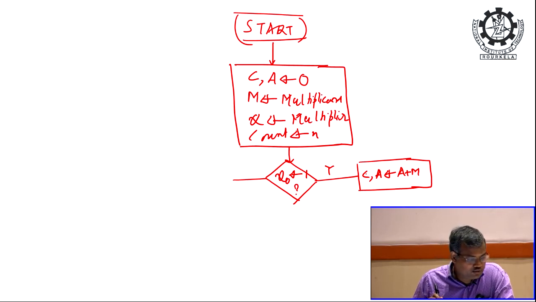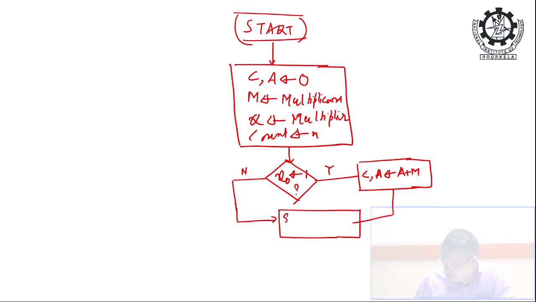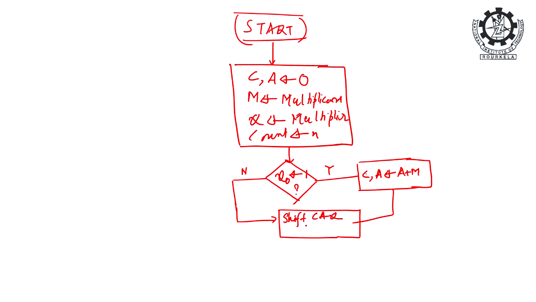So, if Q is 0, then no need to do any addition, but we need to do the operation called shift. Here, shift CAQ, CAQ is 3 registers, and then count.